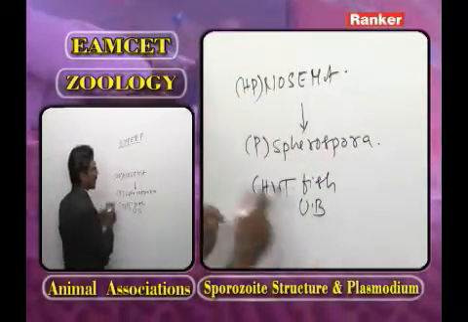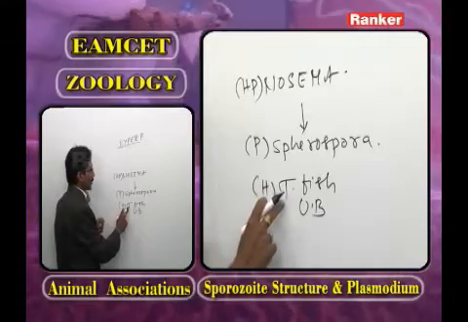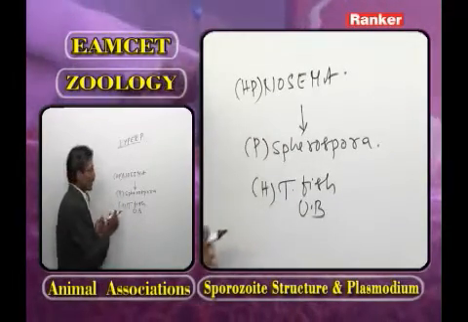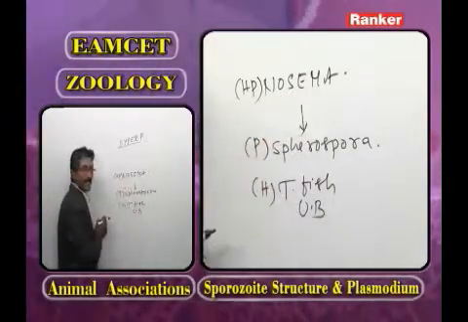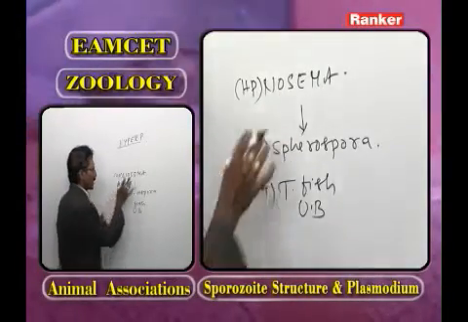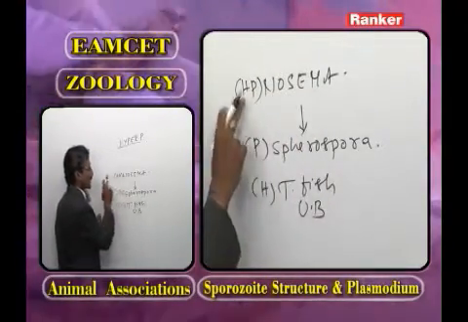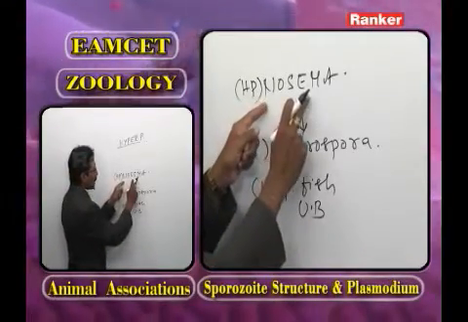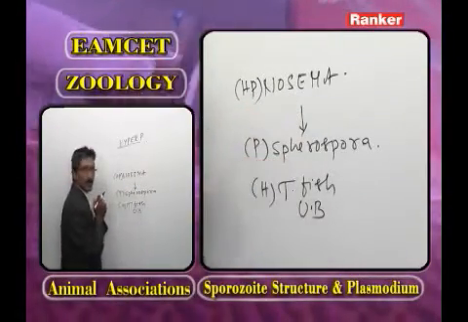Now in this context, how many individuals? Toadfish, Spirospora and Nosema. Here how many parasites are present? Nosema and Spirospora. How many hyperparasites? Only one hyperparasite. What is the host of Nosema? Spirospora.